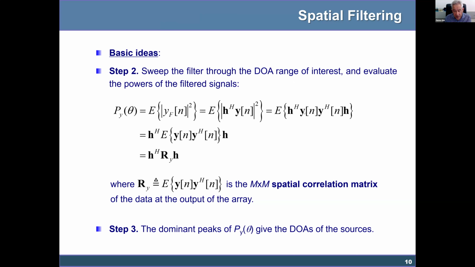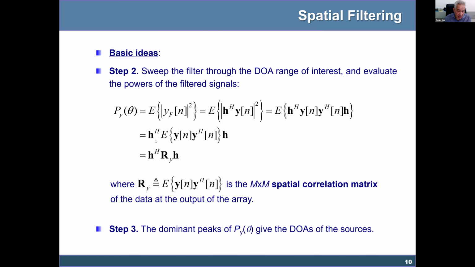So the Hermitian of this is what? It is y Hermitian H. Okay, next step is bring outside the expectation what is deterministic. H Hermitian is deterministic, H is deterministic. So you bring outside, and so you get this.